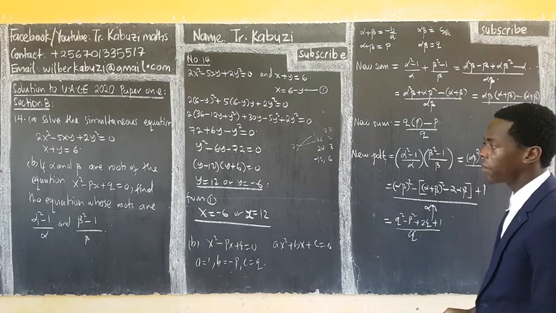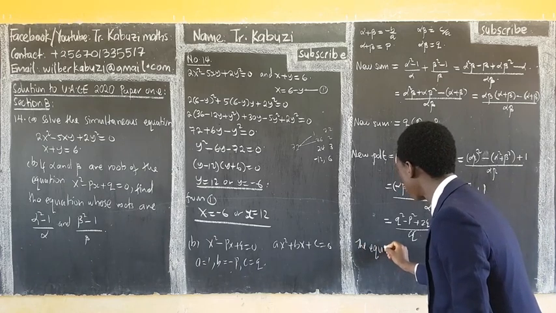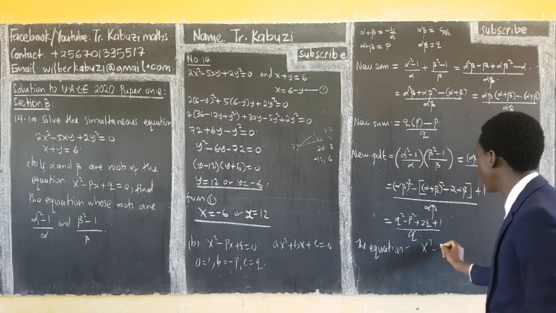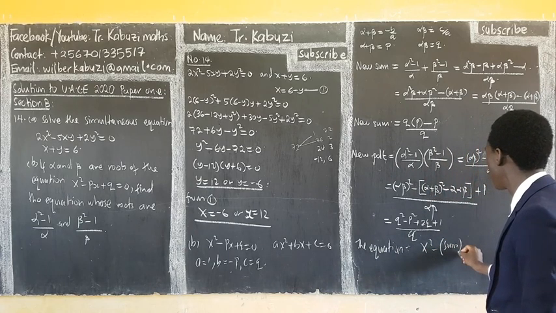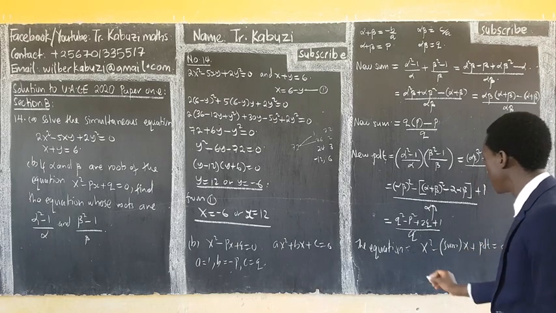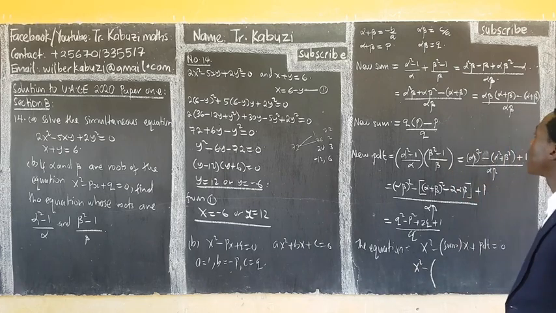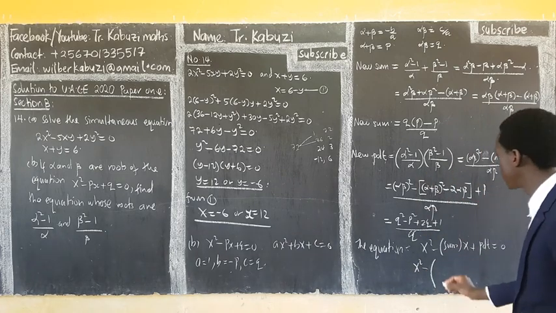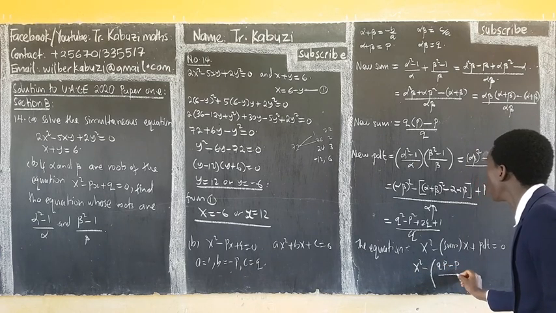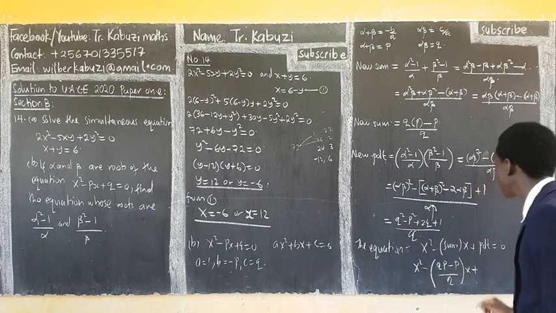Then the equation is given by x squared minus the sum into x plus the product equal to 0. So now my equation is x squared minus, my sum is qp minus p over q, into x, then plus the product.